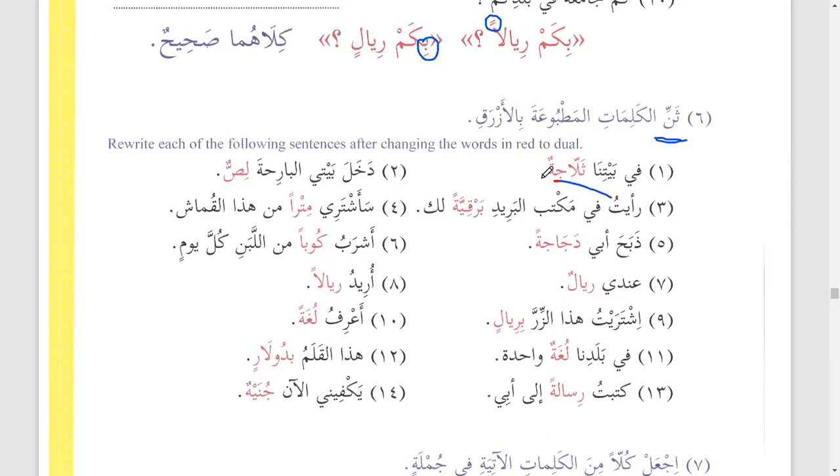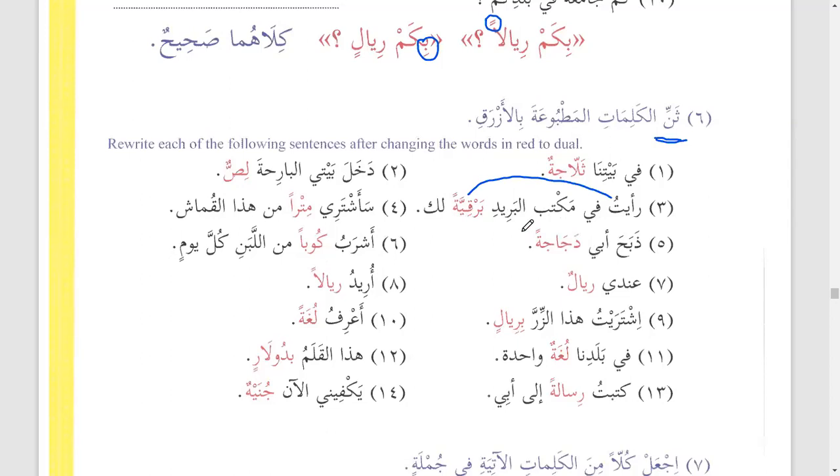Because of رأيت, sir. Yes. Okay. Number 13, sir. Yeah, برقيتين لك. The best way is, whenever we have jar majroor, when you're making a sentence, keep it out of the context, as if it does not exist. So رأيت برقيتين في مكتب البريد لك.